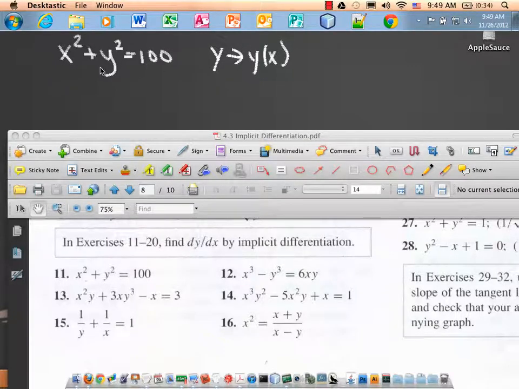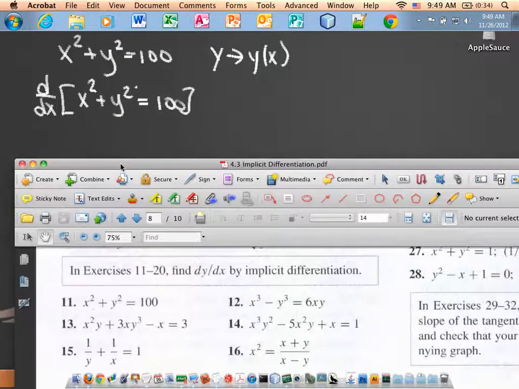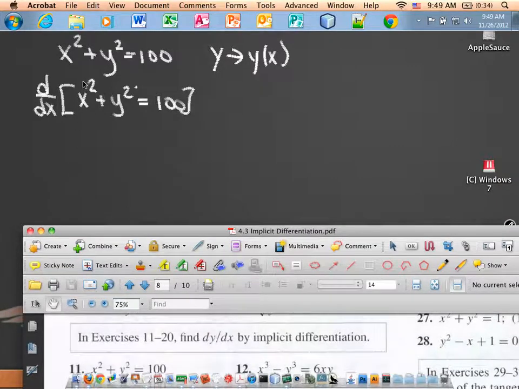So what's the derivative of this? First part, we're going to take d/dx of the whole equation, x squared plus y squared equals 100. All right. What's the derivative of this first part here?